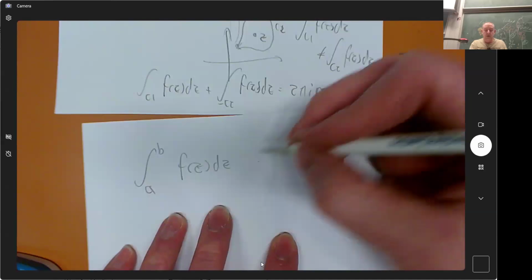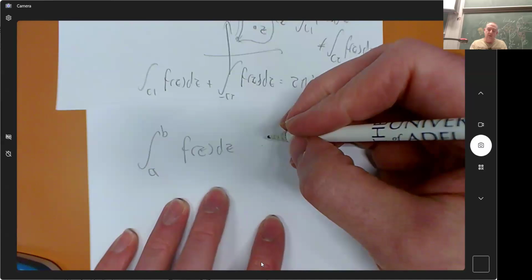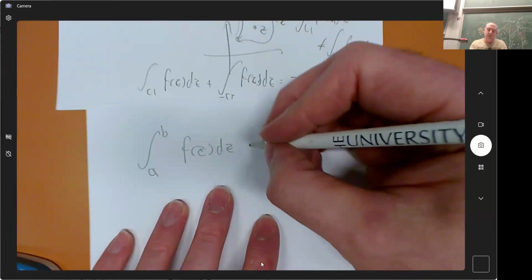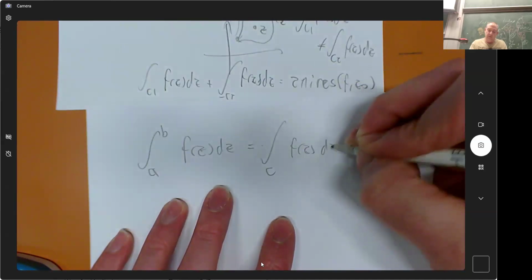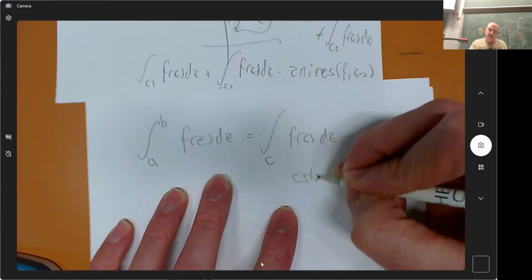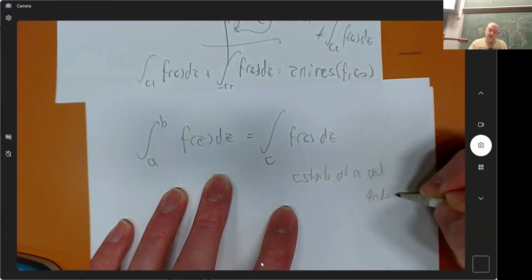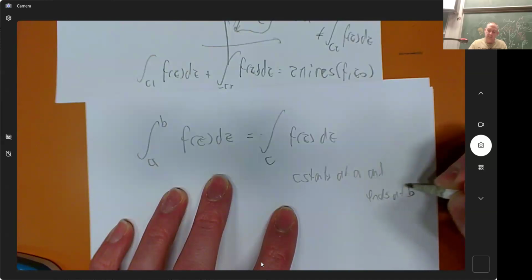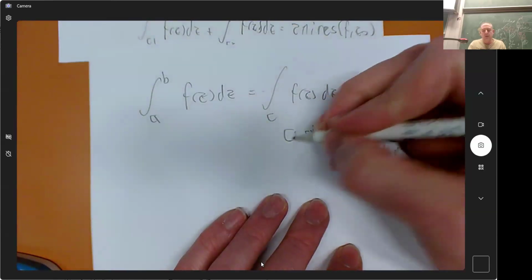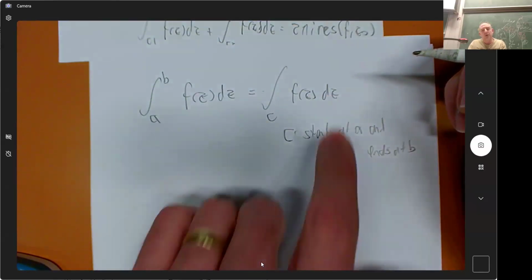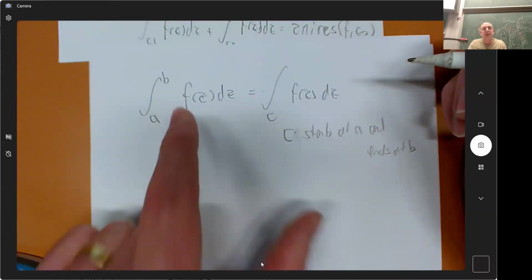So this is technically equal to the integral over a curve C of f(z) dz, where C starts at A and ends at B. And this will only be independent of the curve if f is analytic.